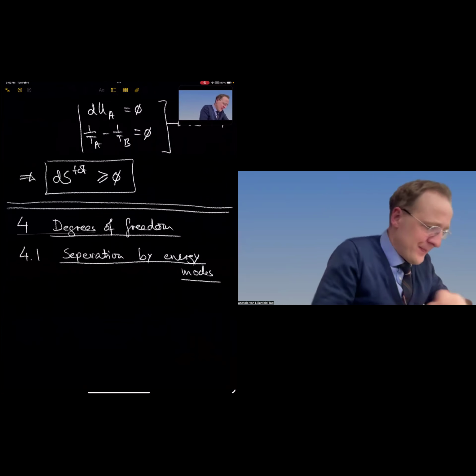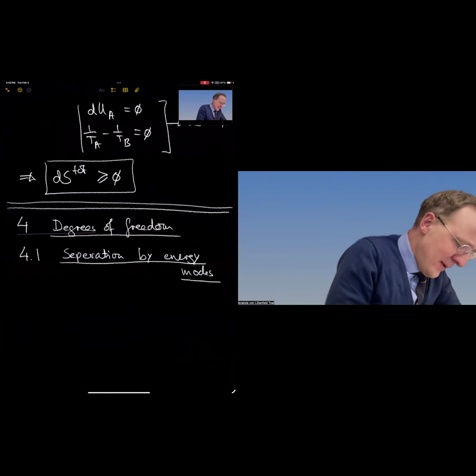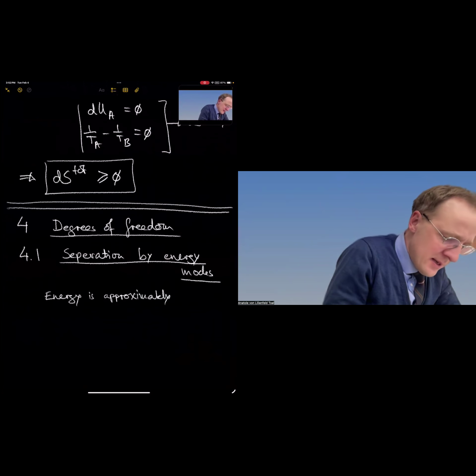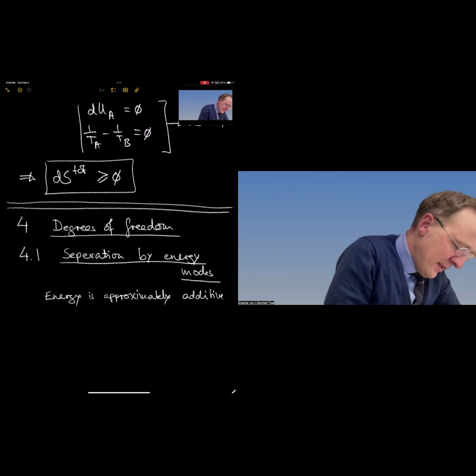In particular, what this means is that we can approximately, so the energy is approximately additive in various modes.